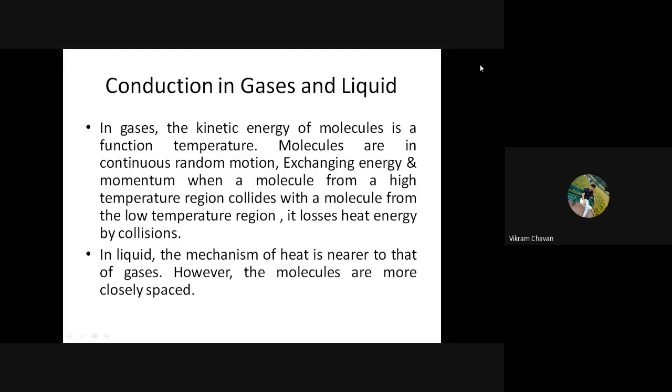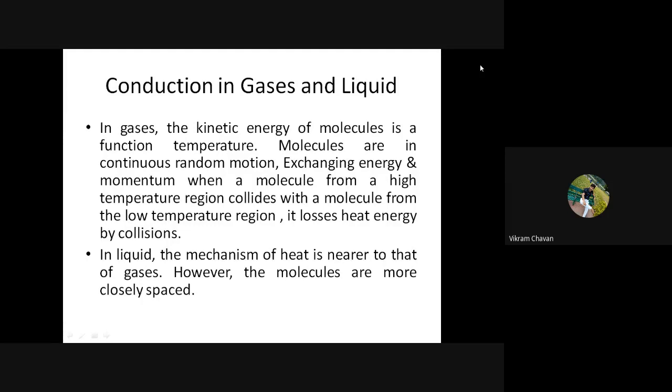We know the kinetic energy theory of gases. The gaseous molecules are randomly moving in the air, and once they collide with each other, they exchange their energy and movement with the collided molecules.